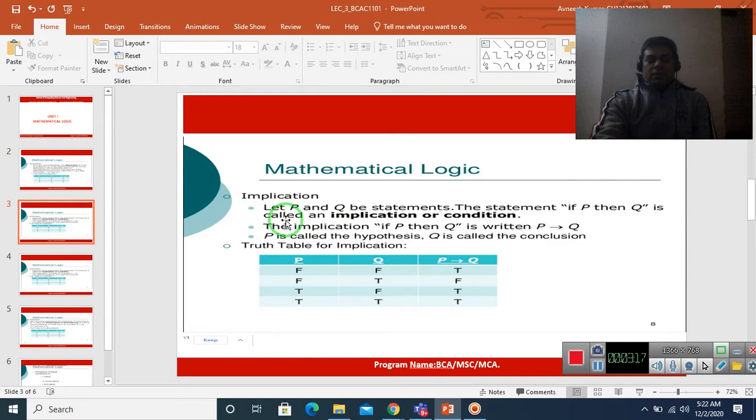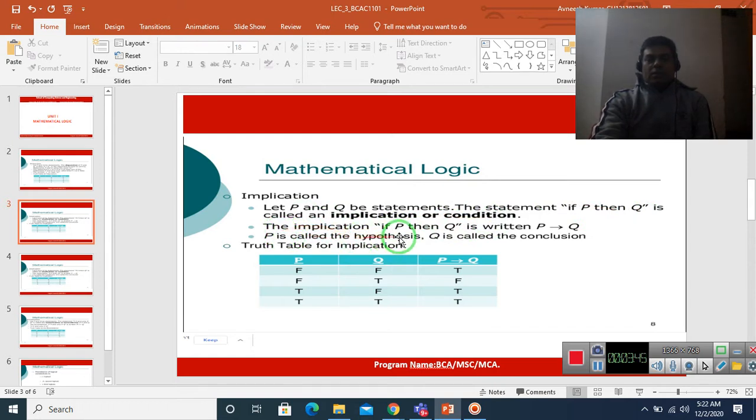Next is the implication. Implication is used to connect statements with the help of if and then. Let P and Q be the statements. The statement if P then Q is called the implication or conditional.